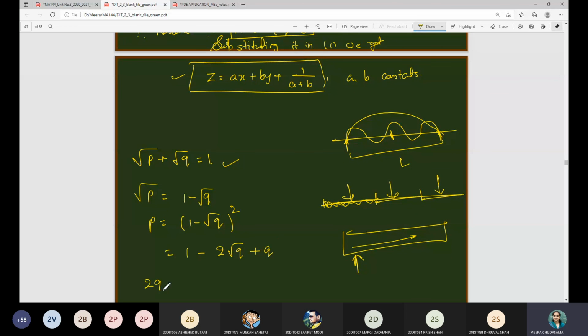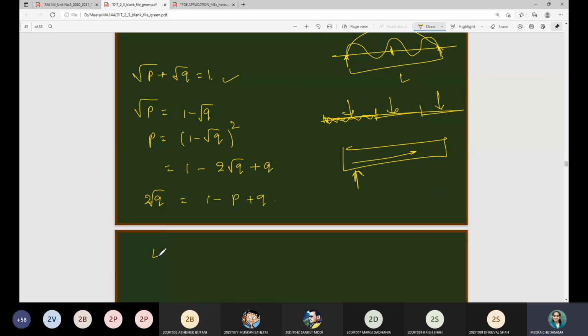And from this expression I can write 2 square root of q is nothing but 1 minus p plus q, right? So now squaring both the sides you get 1 minus p plus q whole square. When you expand it you will have the expression in terms of p square, q square plus something, but the highest power will be 2, and this expression is free from the radicals. Therefore you can say it is of order 1 and degree 2, right?